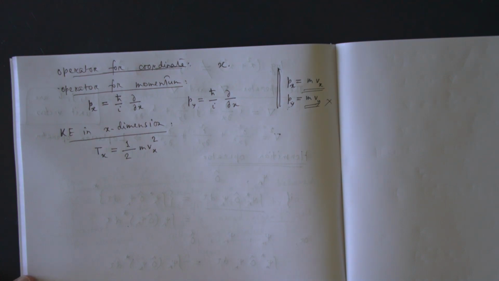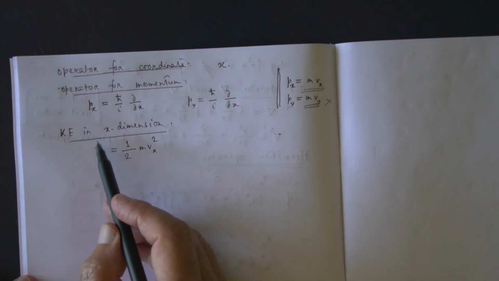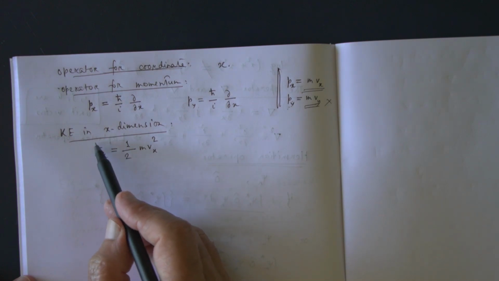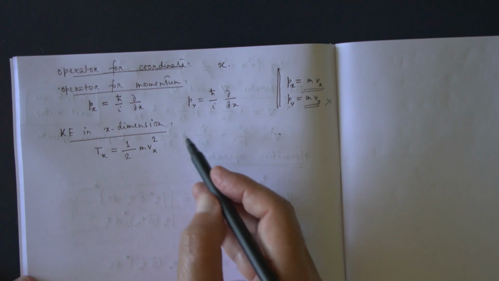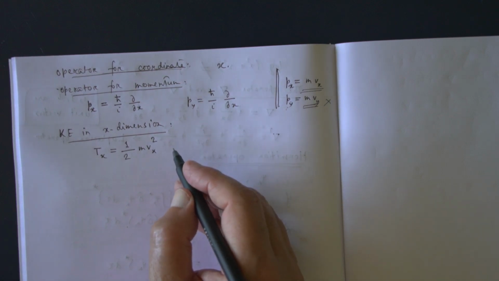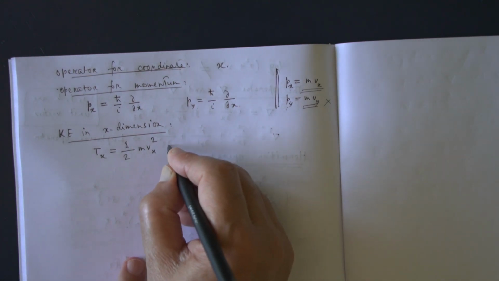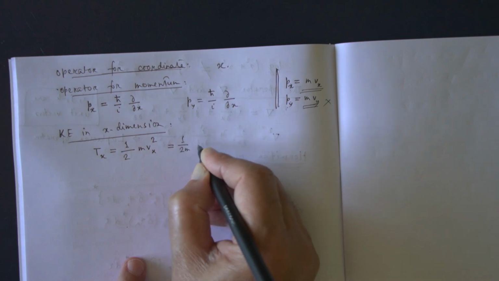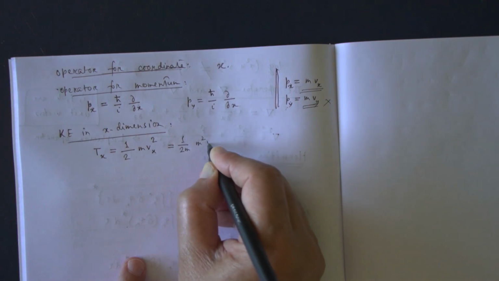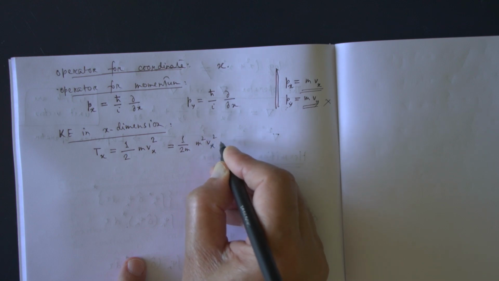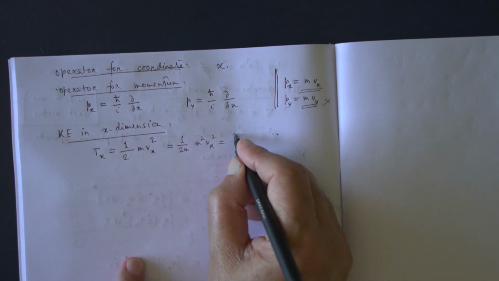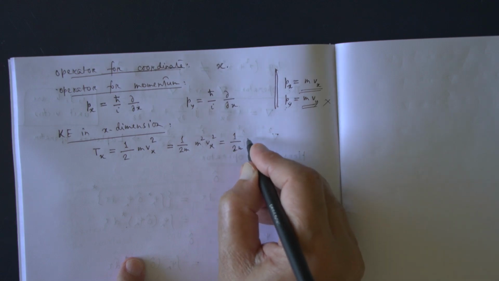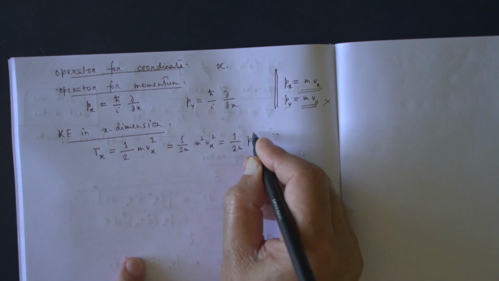Now, what is the first step in writing an operator? We have to express the physical quantity in terms of, say, momentum. So how can we do this? I can write it like this: 1 by 2m, m square vx square, that is equal to 1 by 2m px square.